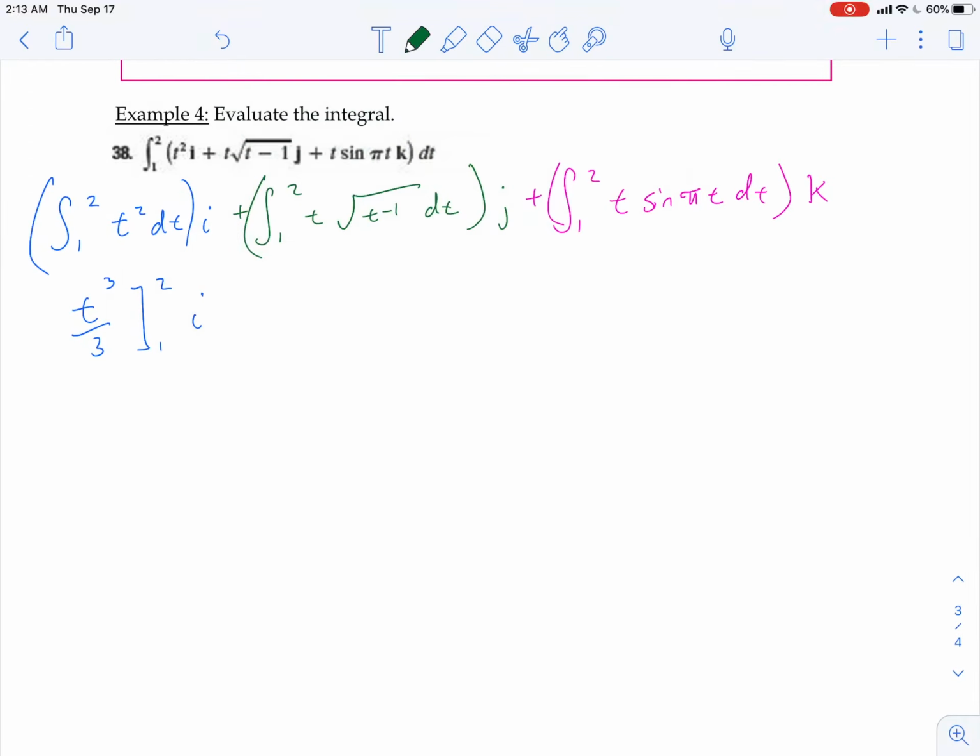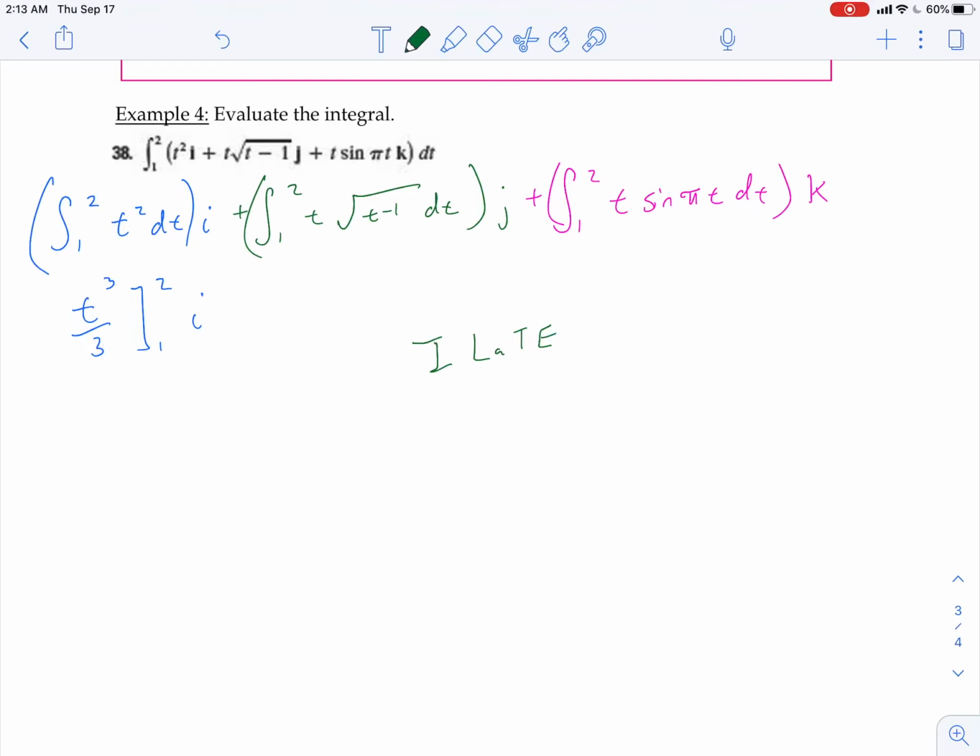Now, the next one, we want to go ahead and integrate. If you remember, I forget the term that Ms. Kaufman uses. It's a little different than the term I use. I use ILATE.